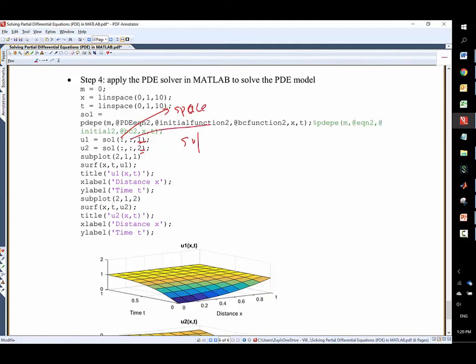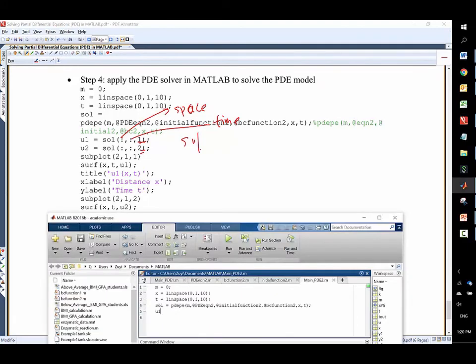The second one should be the time. And then the third one is for the x and U1 and U2. Okay. So we get U1 equal to a 3-dimension matrix. This is U1, U2. We get the solution here.